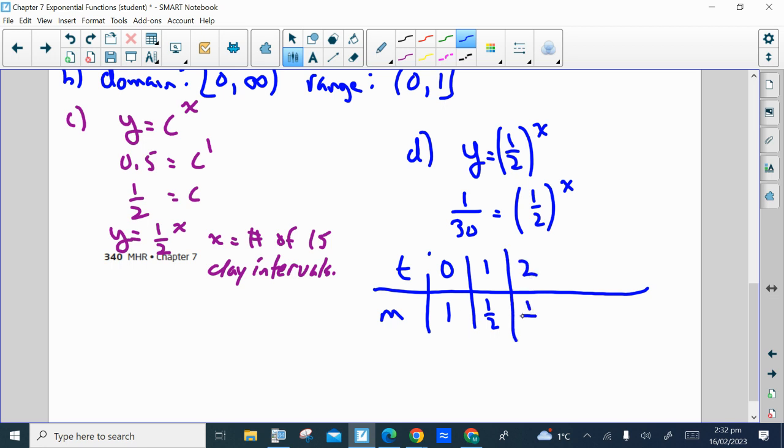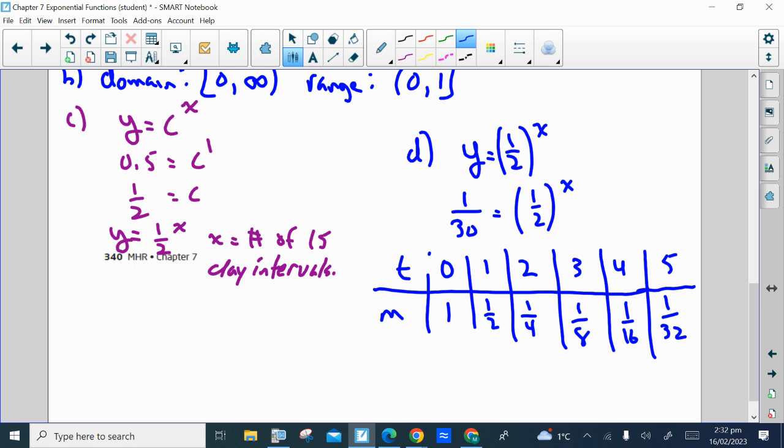After 2 15-day intervals, that amount is cut in half again to get a quarter. After 3 15-day intervals, the amount remaining is cut in half again. You're multiplying by half each time. You want to get 1/8. 4 15-day intervals, you'll be at 1/16. We need to get to 1/30th. And at 5 15-day intervals, we'll be at 1/32nd, half of what we were before.